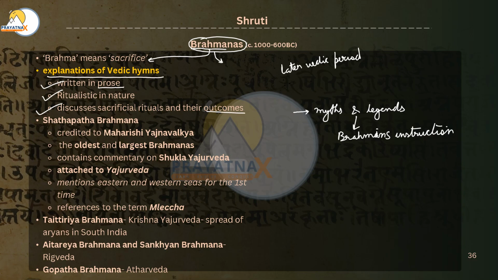Now, before we move on to this, you need to understand that each Veda has one or more of its own Brahmanas, and each Brahmana is generally associated with a particular Shakha or a Vedic school.